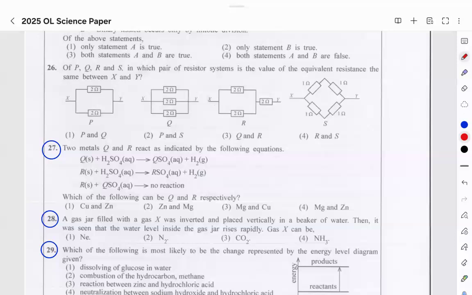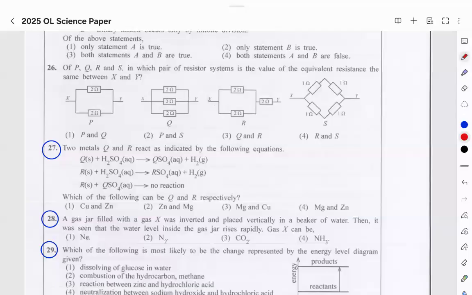Now, both of them are reacting with sulfuric acid, right? And you have learned that in a displacement reaction, a highly reactive metal displaces a low reactive metal from its aqueous solution. You have heard that, right?